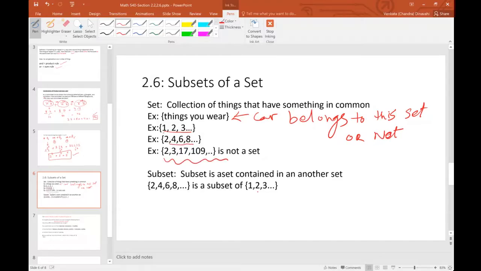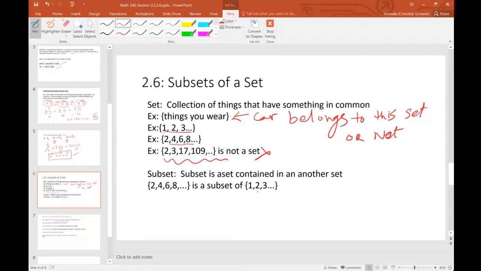For example, if you look at this, 2, 3, 17, I just put a bunch of numbers, and they don't seem to follow any pattern. So if I say, for example, 29, I have no idea whether that belongs to this set or not. These are a bunch of numbers, but they don't have anything in common. So this is not a set.